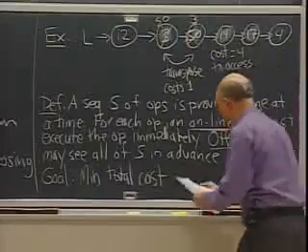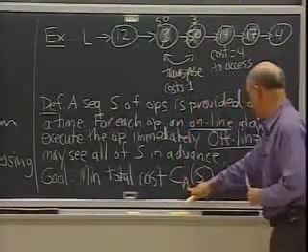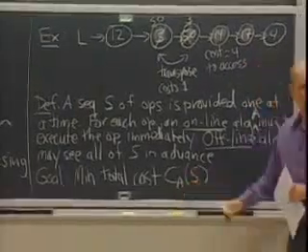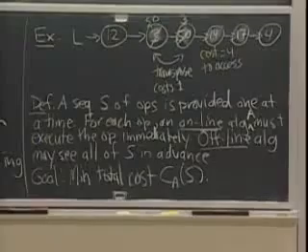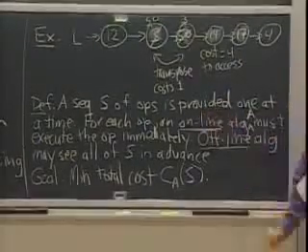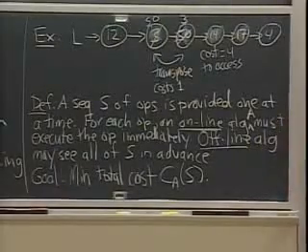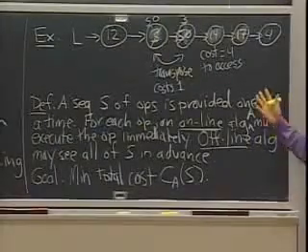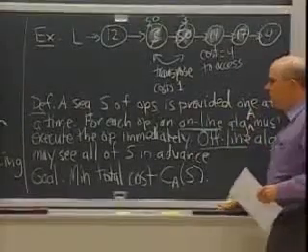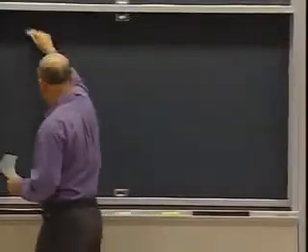The total cost C sub A of S. Okay, so the cost of algorithm A on the sequence S. That's just the notation we'll use for what the total cost is. So any questions about the setup for this problem? So we have an online problem. We're going to get these things one at a time. Okay, and we have to decide what to do. So let's do a worst case analysis for this.